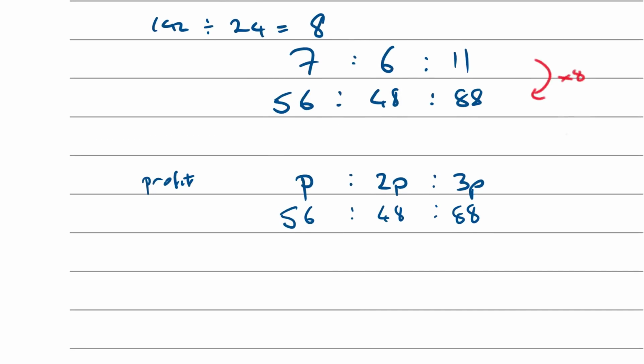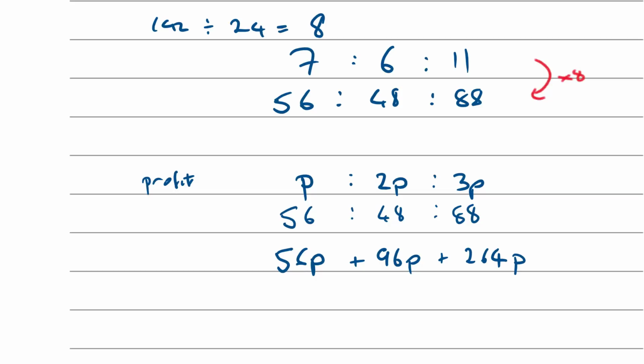So how many p's is that altogether? I'm just going to multiply those and add them up. That's going to give me 56p. 2p times 48 is going to be 96p. And 3 lots of 88, reaching for the calculator, is 264p.